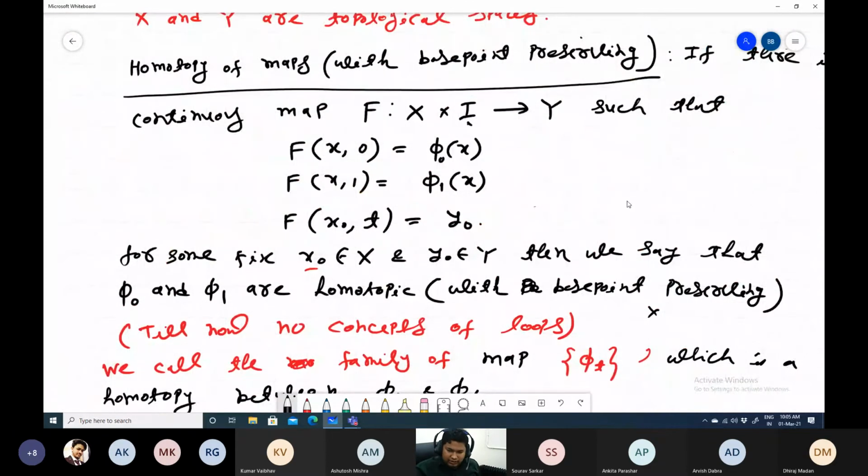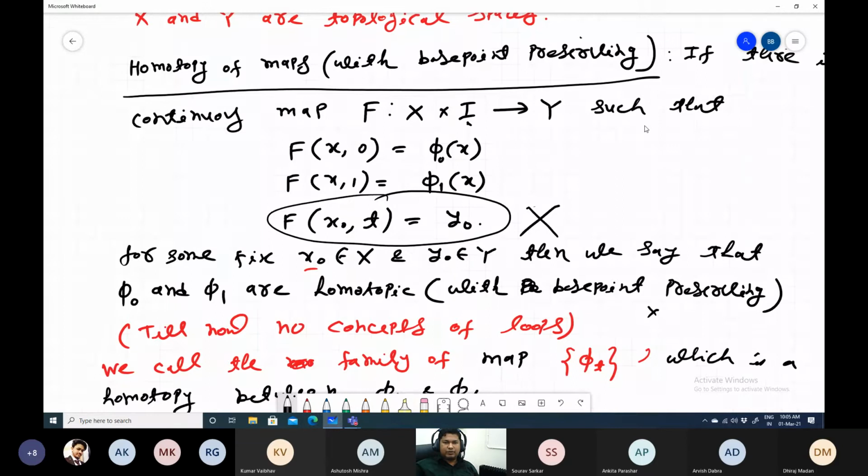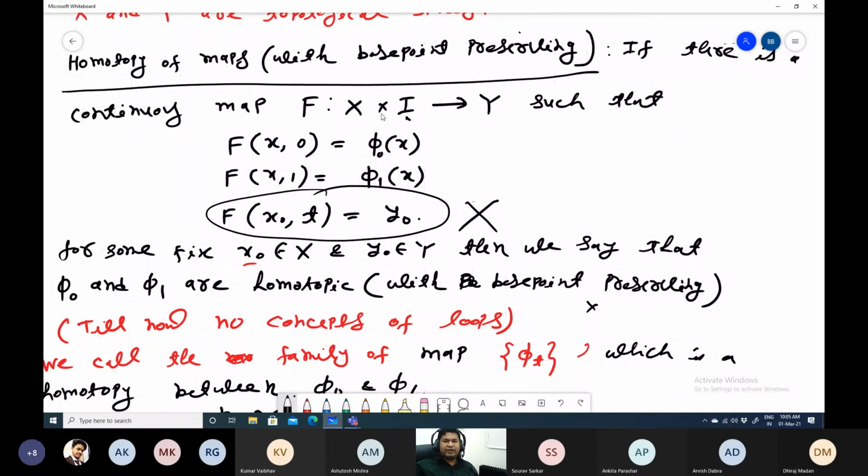We want to remove this condition. Now just define a homotopy of maps, without saying base point preserving. So if there is a continuous map F from X cross I to Y such that only this condition holds, there is no base point preserving.